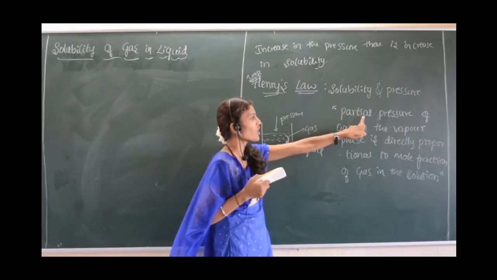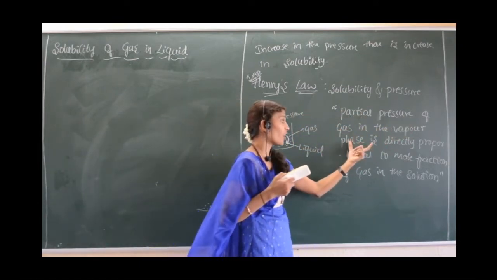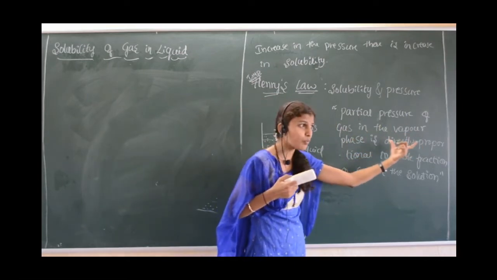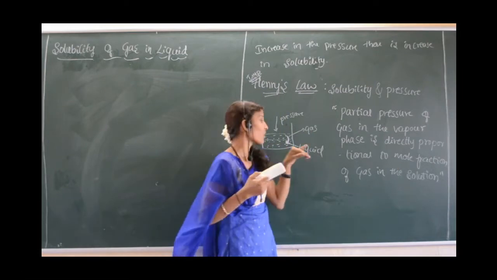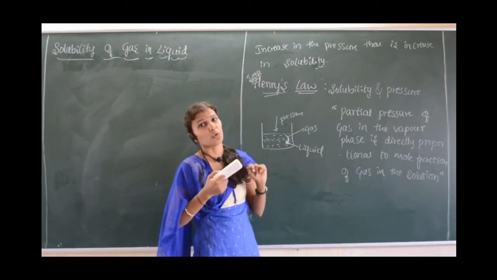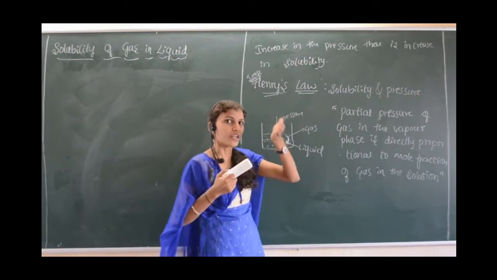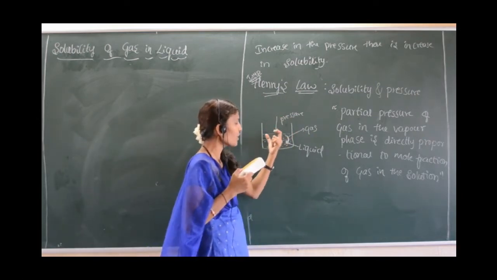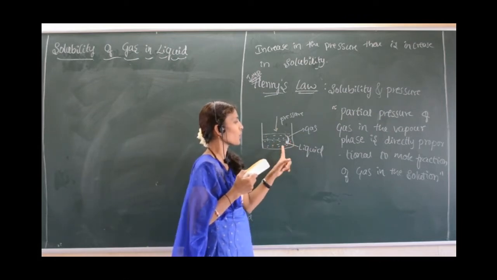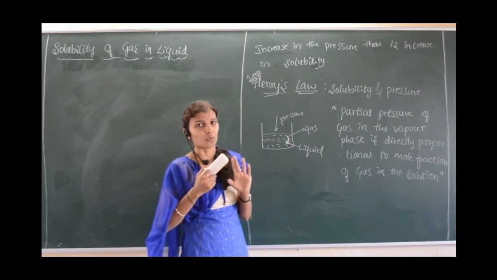The partial pressure of the gas in the vapor phase is directly proportional to the mole fraction of the gas present in the solution. So there is a gas above the liquid, there is a gas inside the liquid. This pressure is directly proportional to the mole fraction of the gas present in the solution.